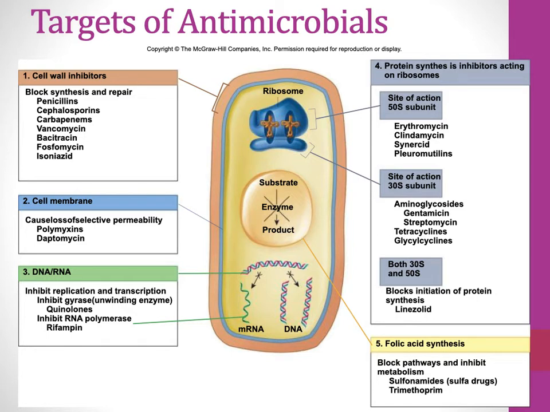And so we can affect the enzymes, so the polymerases that play a role, or helicase, gyrase, so all these other enzymes that are involved in those processes. And so the quinolones are a common antimicrobial that targets this process.